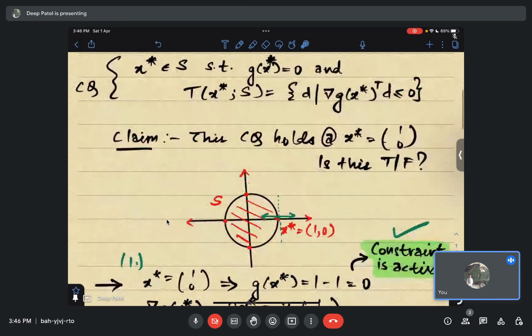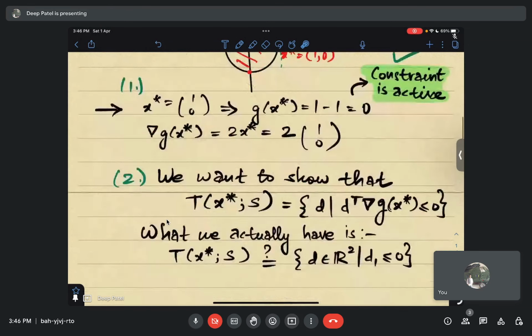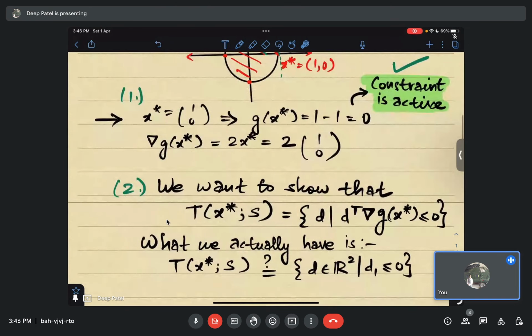No. So there you are utilizing the fact that this definition is known, right? No, I'm just telling you take a vector in the direction of 1 0, and you consider all directions that make an obtuse angle with that direction. So that gives the specified form, which I just wrote. Yeah, but why should that be the tangent cone? That's what I'm asking.